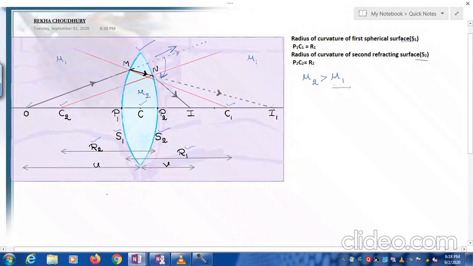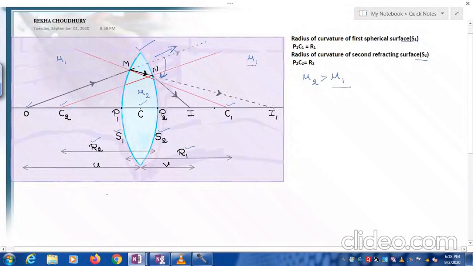But as it is a lens, refraction again takes place at the point N, because now this ray MN again moves from this optically denser medium to this optically rarer medium, or this MN ray will move from the lens to this outer medium having refractive index mu1.